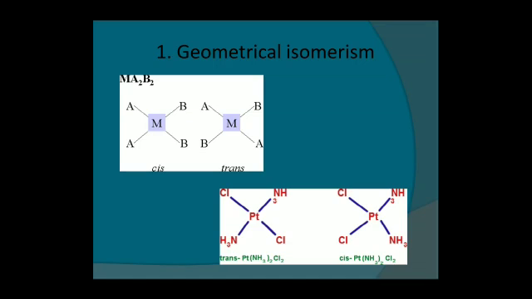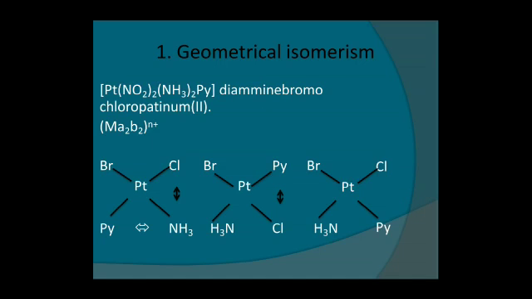If two same ions are attached in opposite directions, that is called the trans form. And trans is always more stable than cis form because of the symmetry. Example, like platinum diammine dichloro. These are a few examples of geometrical isomerism.